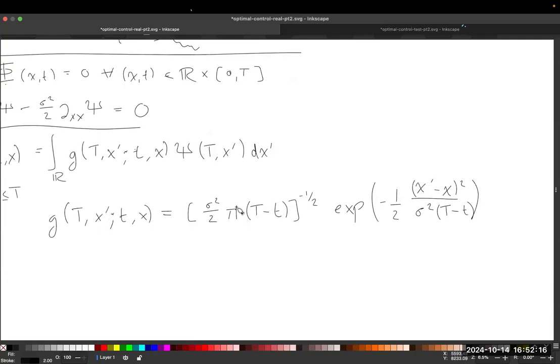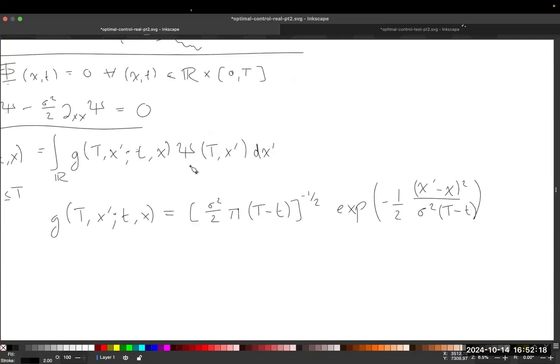So in particular, if we're integrating over x, this integral transform is actually a convolution, because the dependence of G on x prime and x is just dependent on the difference x prime minus x.